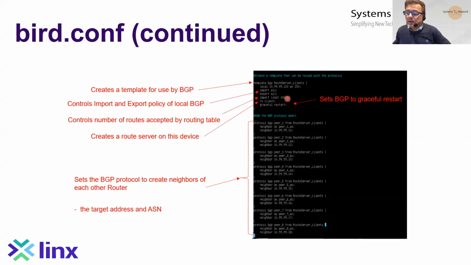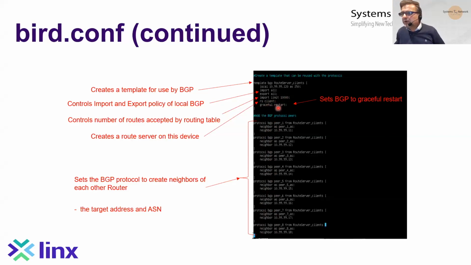When I am setting up Bird as a root server, I must put this line in here, RS client. And that makes this Bird distribution a root server for each of these clients or each of these peers which it's peering with.